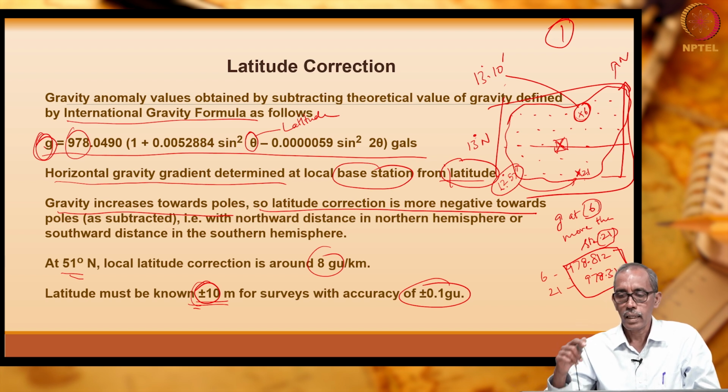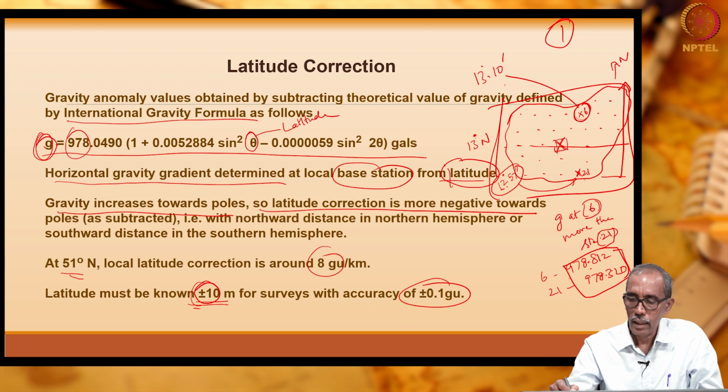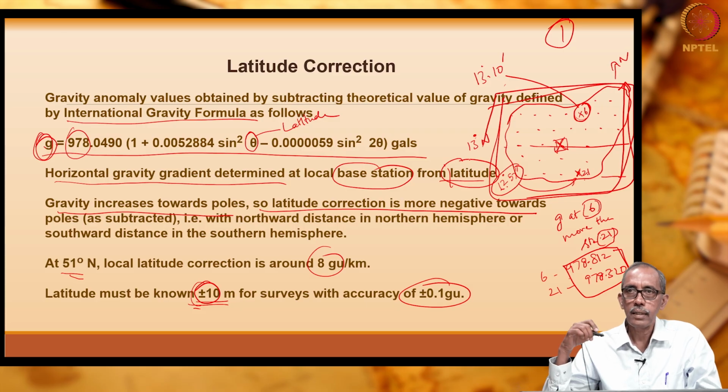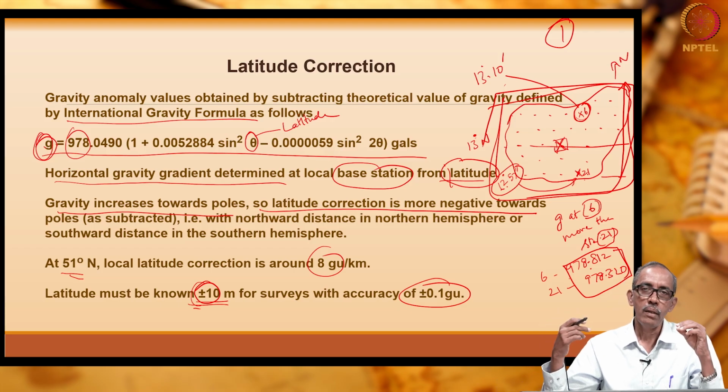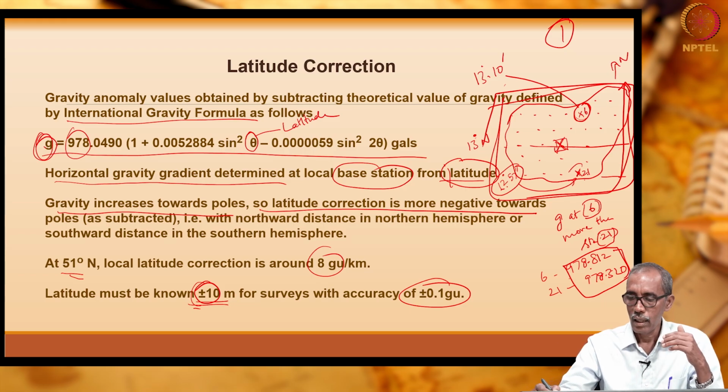Imagine that we have corrected all the readings we have collected at the field. What we have done? Can you tell me what we have done? We have eliminated the effect of latitude, isn't it? So, practically what we have done is, though these stations are located at different latitudes, for example, let us take location 2 and location 6.